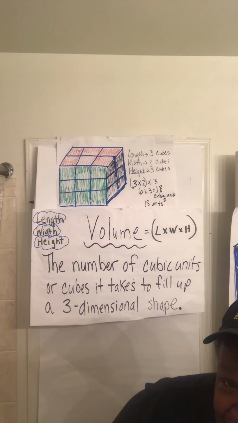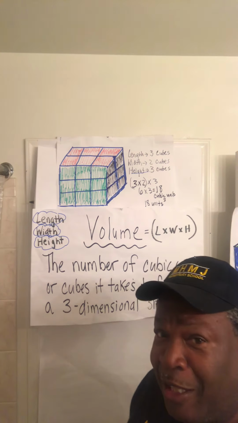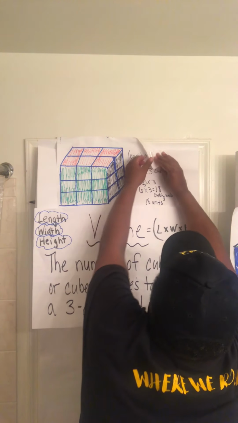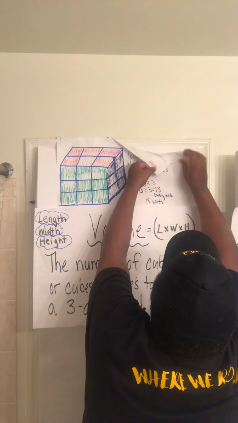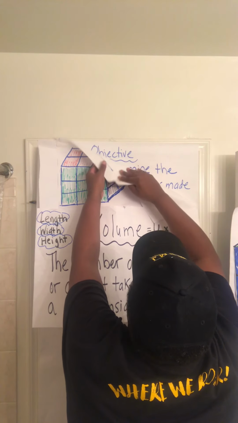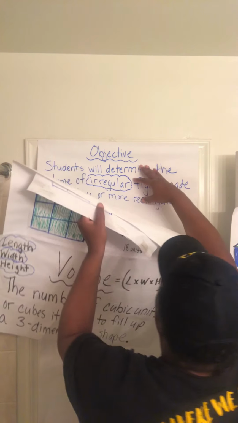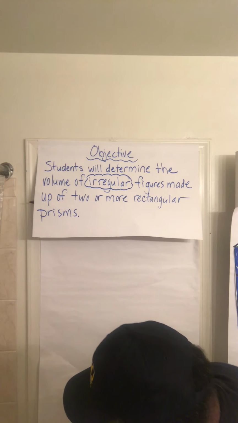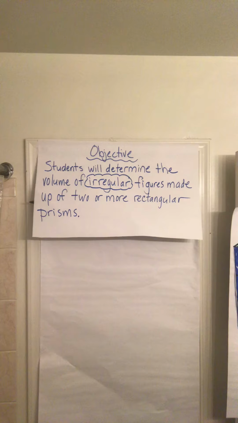Right now, we need to take some time to talk about what the objective is for today's lesson. I'm going to show you the objective for today. I'll put this down here.